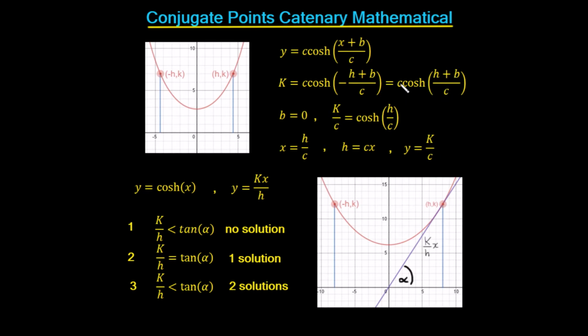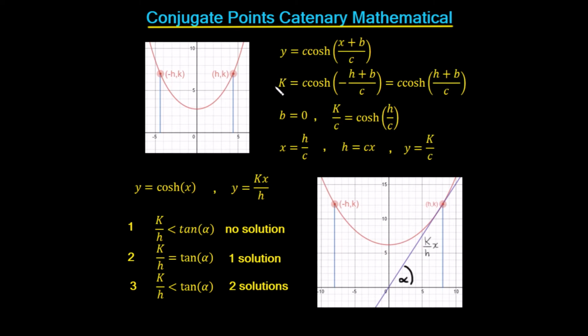So this is really just a statement of the fact that this is a symmetric function, and whenever we go along plus x and minus x, we're going to get a height of k and a height of k. And this is the height k here.